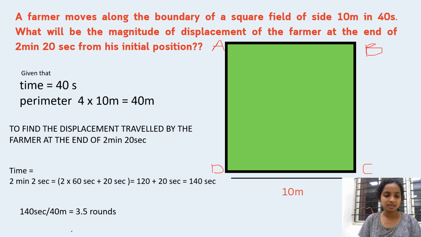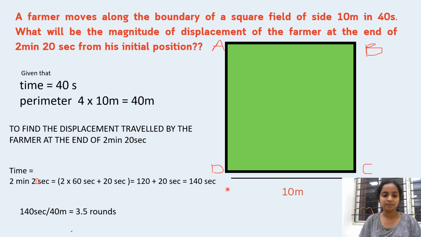Sorry for the mistake, it is 20 seconds. That will give you 120 plus 20, 140 seconds. So that is the time. We have to find the displacement of the farmer at the end of 140 seconds.